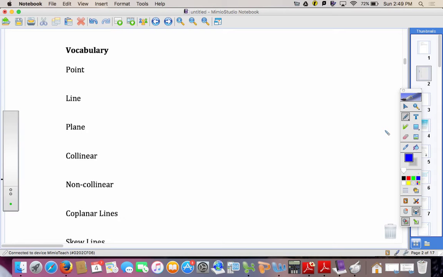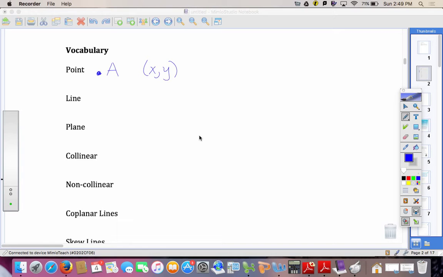So what is a point? Well, a point is a location. A point in geometry has no size or shape, but it's often represented using a dot. So we use a dot and a capital letter. Now we could pick A, you can pick B, you can pick any letter, it doesn't matter. Now, a point is a location.